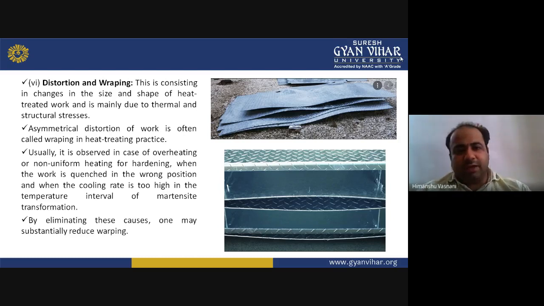By avoiding these causes, one may potentially reduce warping. Okay, you can see in the diagram also how the changes in size and shape of the work after heat treatment occur. So this should be avoided.